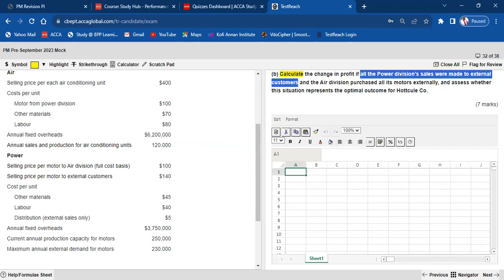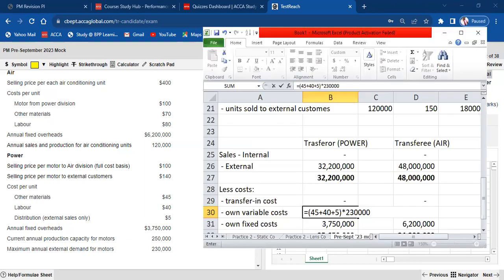But look, we are not here to score 100%. Do this, and in case that is not the assumption held by the examiner, you might not be losing more than 1 mark. You might be losing just about half a mark. Let me finish and give you another reason I think the way I'm thinking. So 45 plus 40 plus 5 times 230,000.